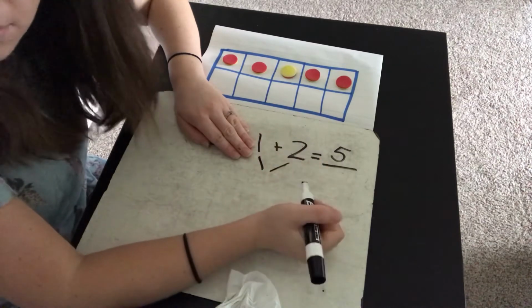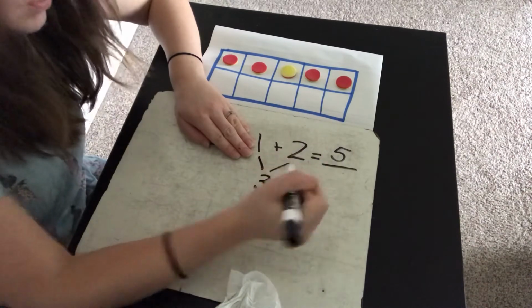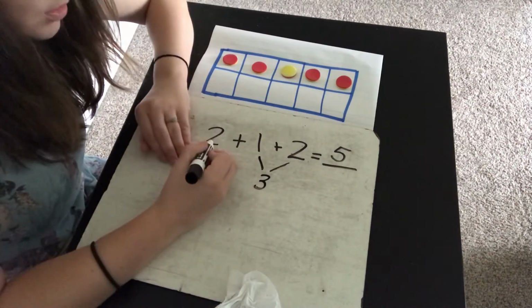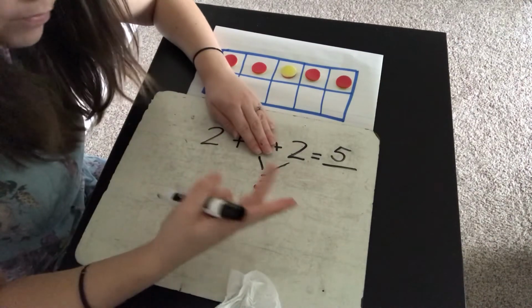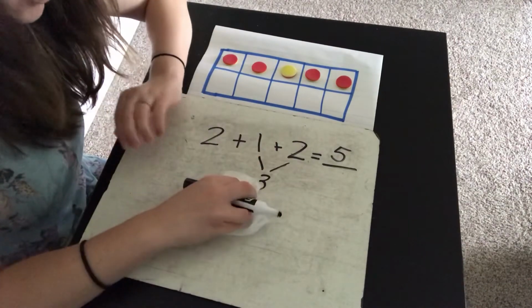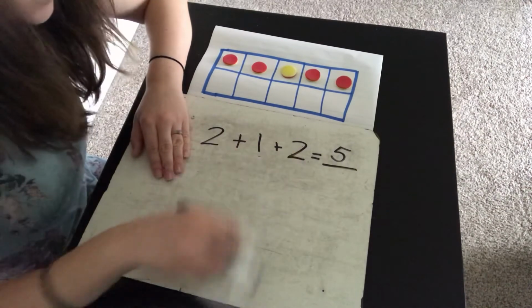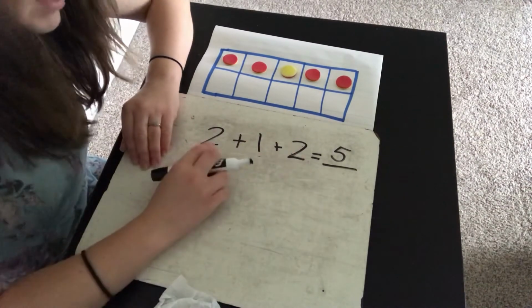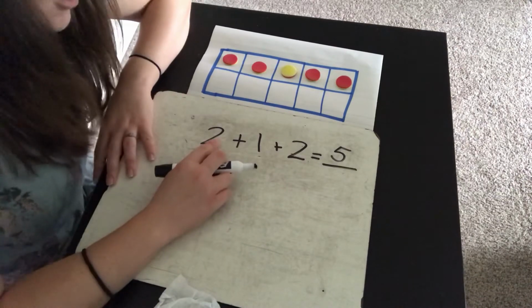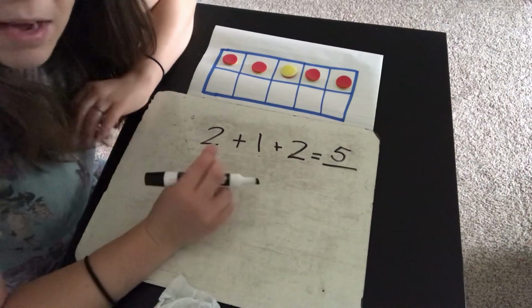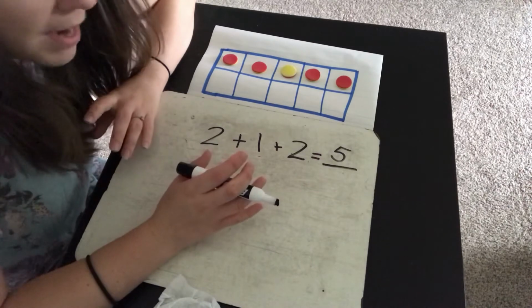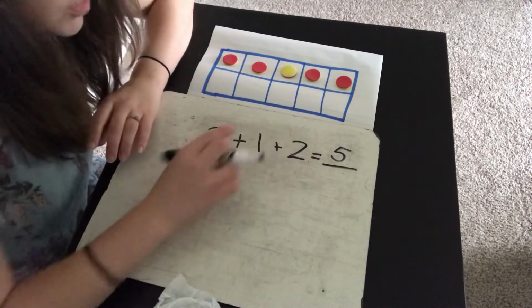1 plus 2 is 3. 3 plus 2 is 3, 4, 5. So it works either way that I group the add-ins. Also, when I'm solving an addition problem that has multiple add-ins, I could look and see if there are any math facts that I know before adding in a certain order.